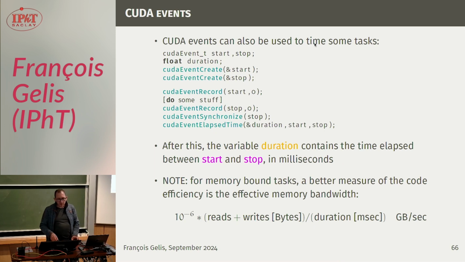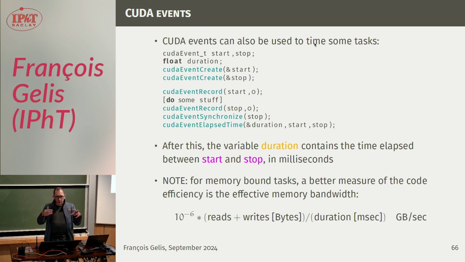You can also use these CUDA events if you want to assess the performance of your code, so you want to time the duration taken by certain CUDA commands. For this, you create two events, one you call start and another one you call stop. You first call cudaEventRecord to initialize the start event.